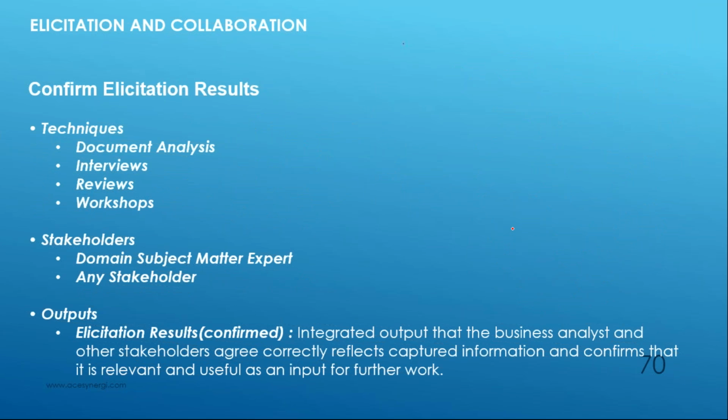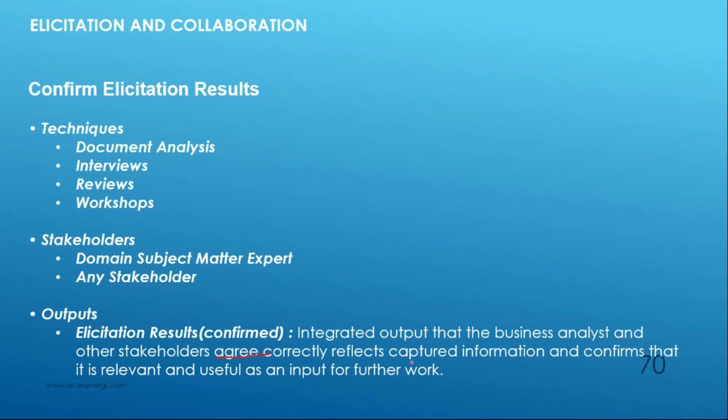So the output of this task is elicitation results confirmed. It is an integrated output that the business analyst and other stakeholders agree on. The key term here is that they agree correctly. It reflects captured information and confirms that it is relevant and useful as an input for further work.